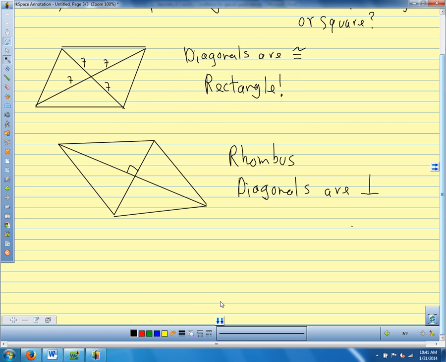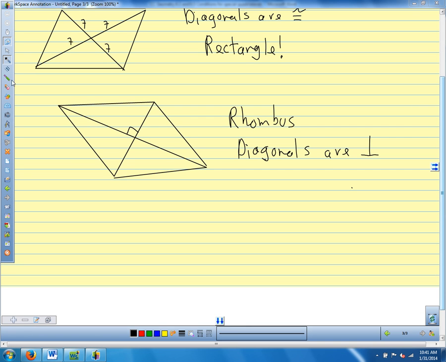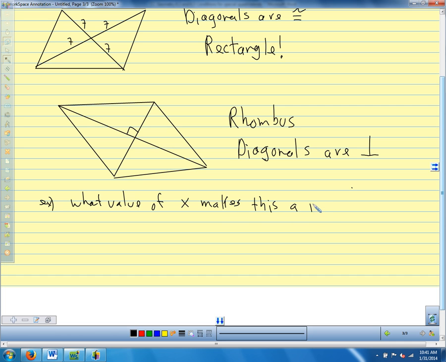Let's do one other quick example. So here's our picture. This is kind of like our opener. What value of x makes this a rhombus? And just like before, we're starting with a parallelogram.